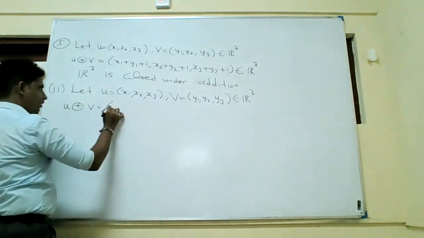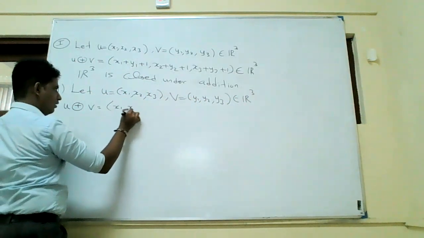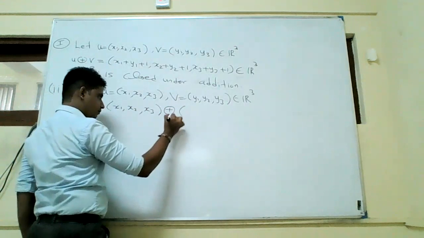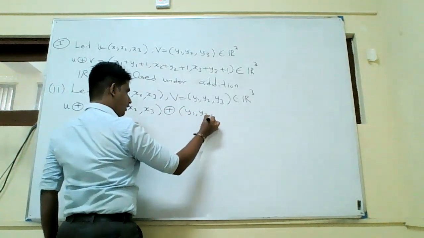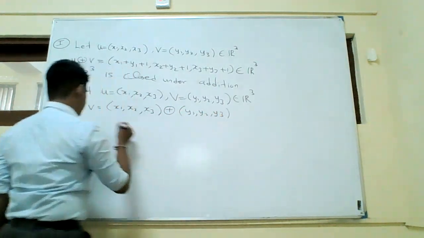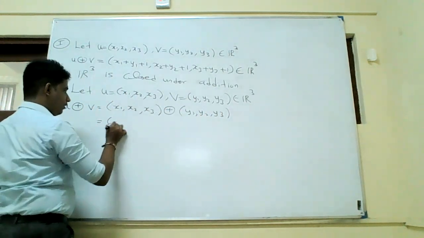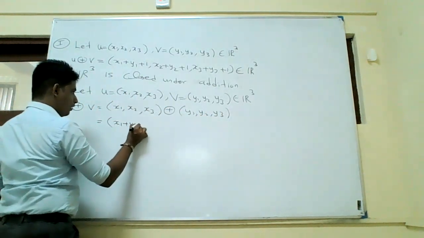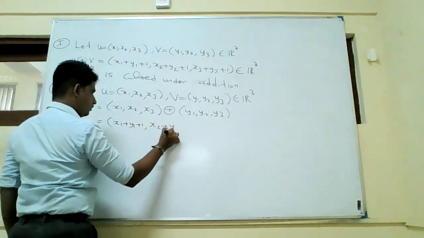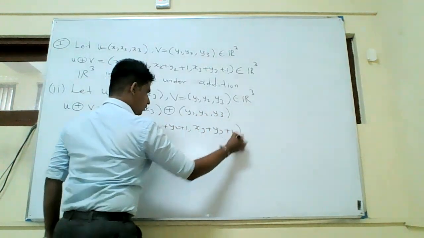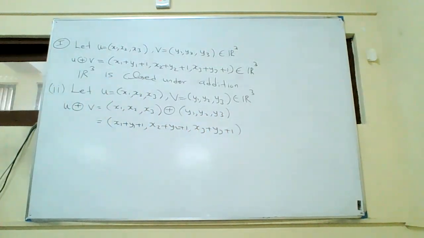First, you take this vector u, x1, x2, x3, vector addition y1, y2, y3. This addition is already defined: x1 plus y1 plus 1, x2 plus y2 plus 1, x3 plus y3 plus 1.